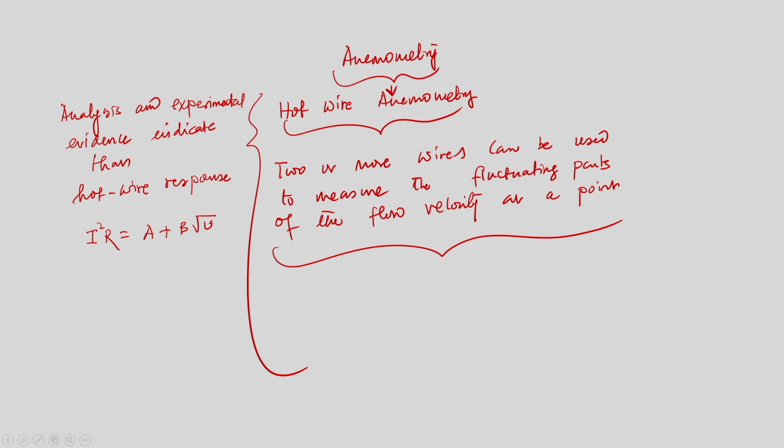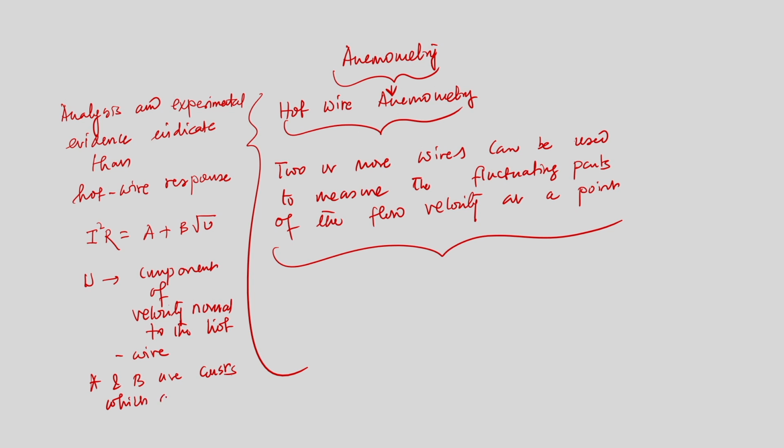Where u is the component of velocity normal to the hot wire, and A and B are constants which are determined experimentally.